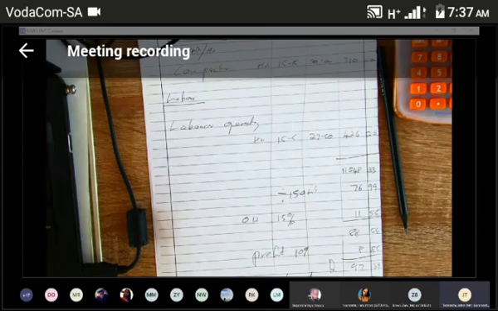Is everybody happy with our answer here? Yes, sir. Good. So that means the earthwork section is done.